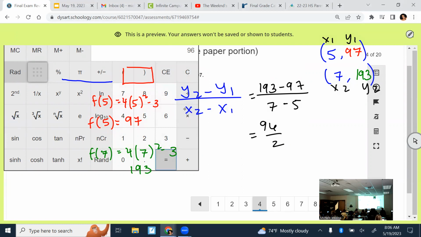Sorry, I made the calculator all wonky. Is 48, right? Okay. So yeah, that equals 48, which is one of the answer options. I don't know how to move this now that I put it all the way over there, but it is, if I remember correctly. So that's our average rate of change. Questions on that?